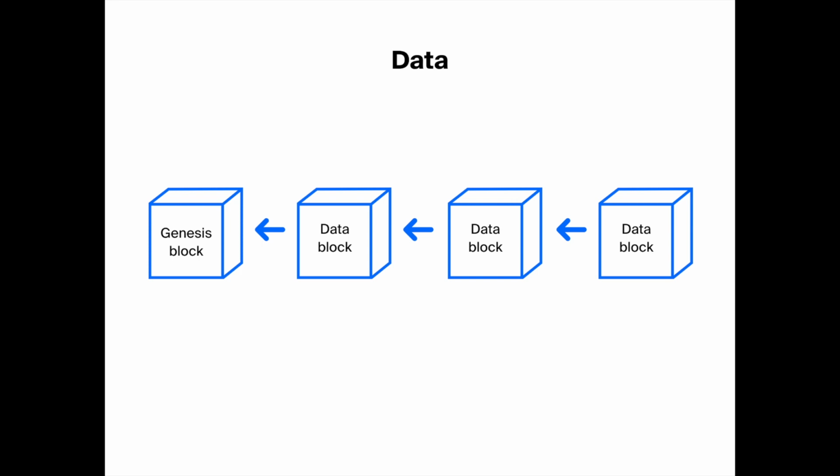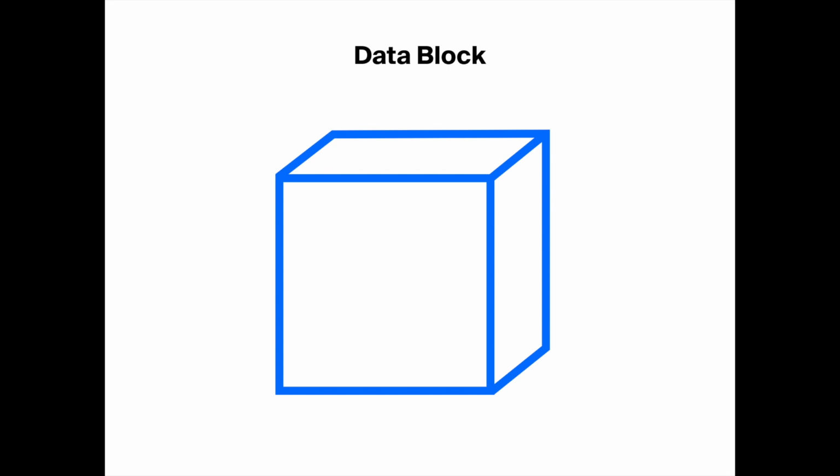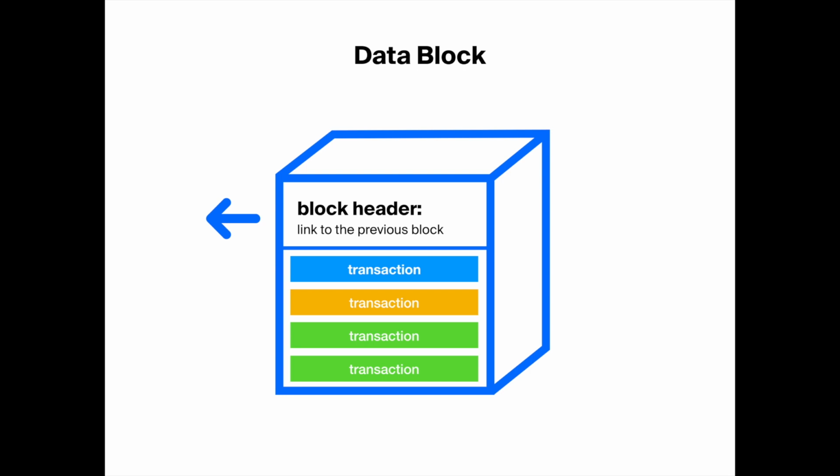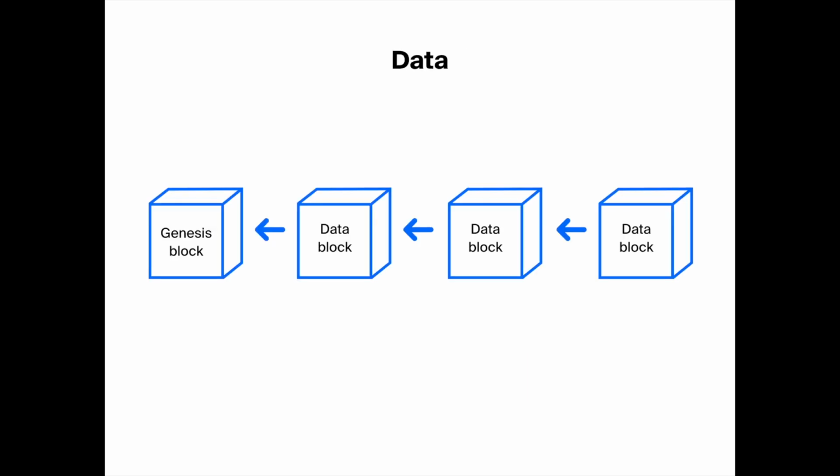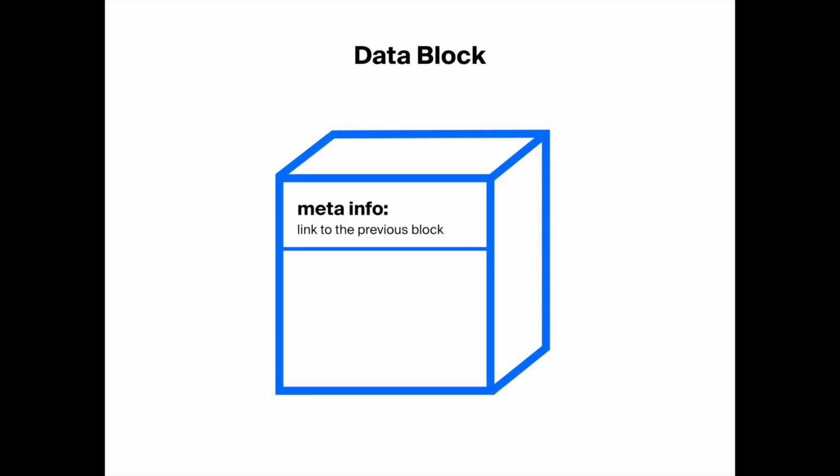And all computers store the full chain in local storage. So what does a data block contain? First of all, a link to the previous block. You probably understand why we need it, right? Because this link makes the full chain work together.